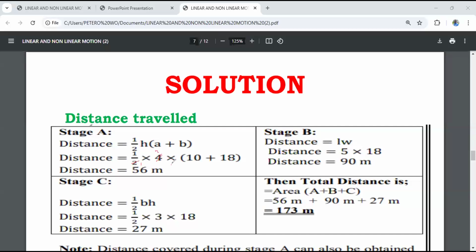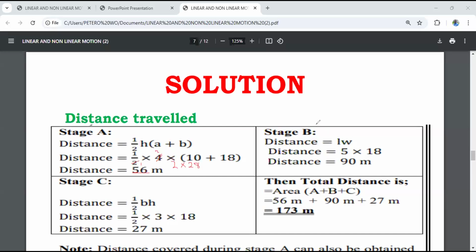So that means we have 2 outside the brackets. Then we are multiplying that by 10 plus 18. 10 plus 18 gives us 28. And when you multiply 2 times 28, you get 56 meters. So that means that the area under that trapezium is 56 meters. So that is the trapezium.